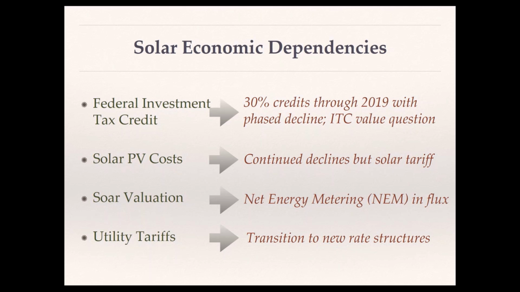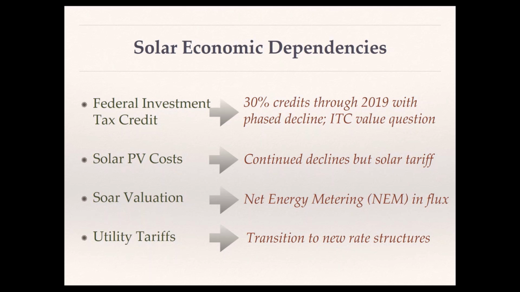With respect to the other 2, the solar valuation and utility tariffs, folks tend not to be as familiar with the effects of these elements on project economics. But it's important to note that solar value and tariffs are core dependencies because the cash flow of these projects is fundamental to a project's feasibility.